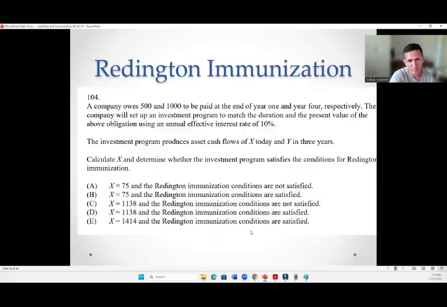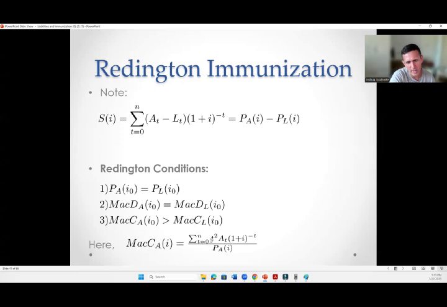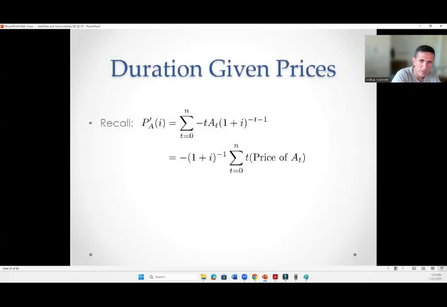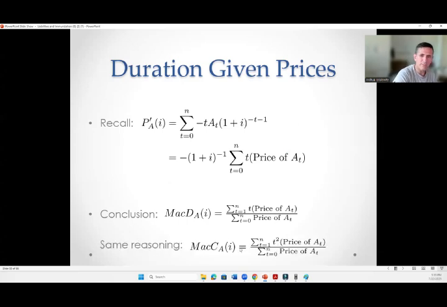It should be t equals 1 to n, but it doesn't matter, because when t equals 0 you get 0. So this gives us a very convenient way to figure out whether the Redington conditions are true or not. Let me do an example.